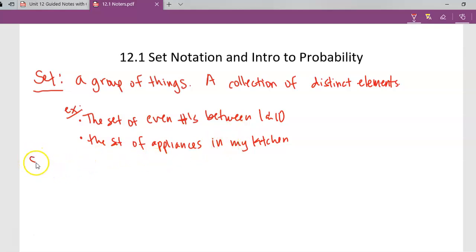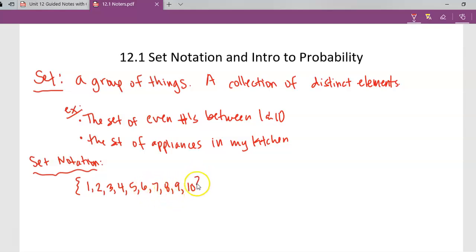So let's talk about set notation. If we have a set of something, we usually put its elements in curly brackets. For example, the set of even numbers between 1 and 10, we would write down as curly brackets and then all the numbers between 1 and 10. Pretty straightforward, right?